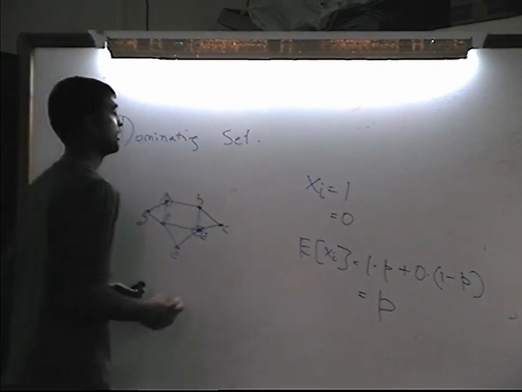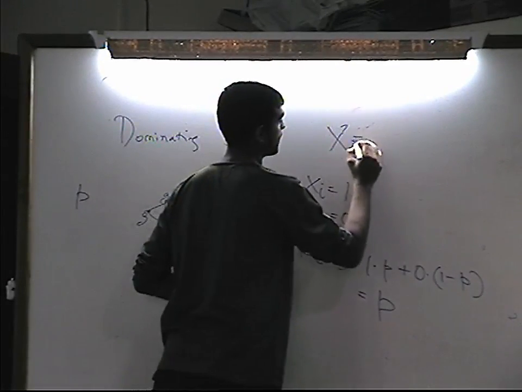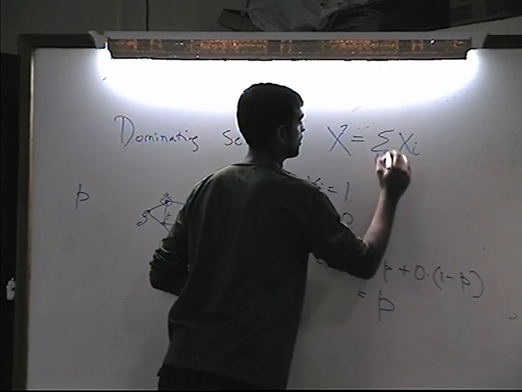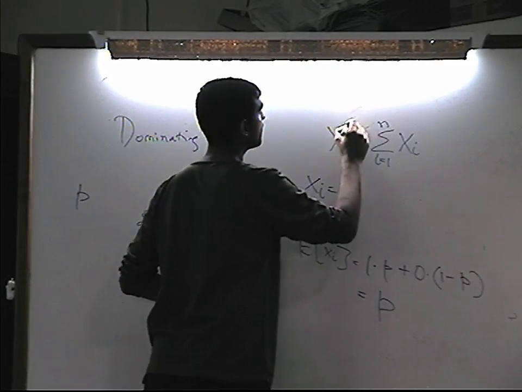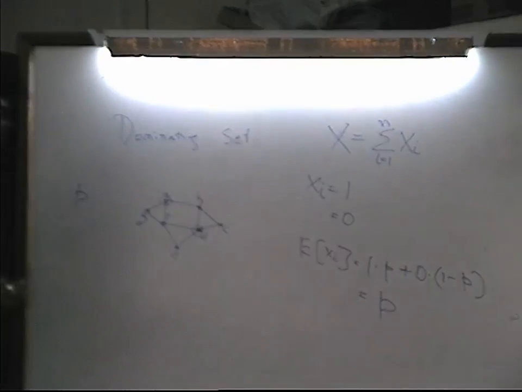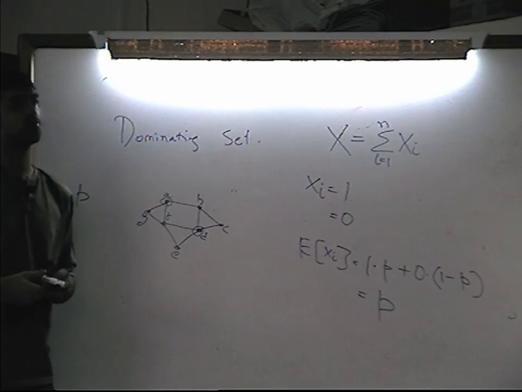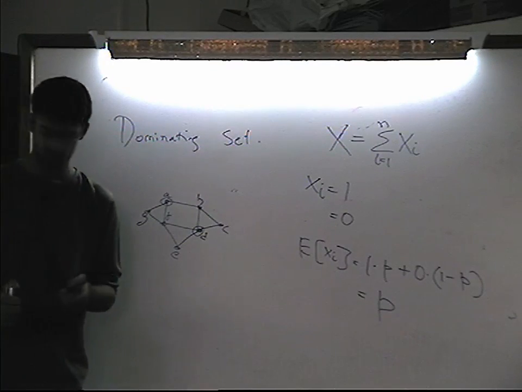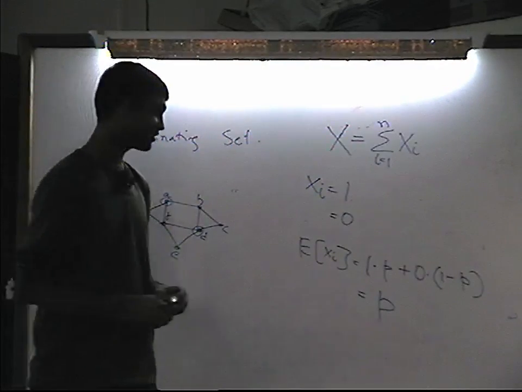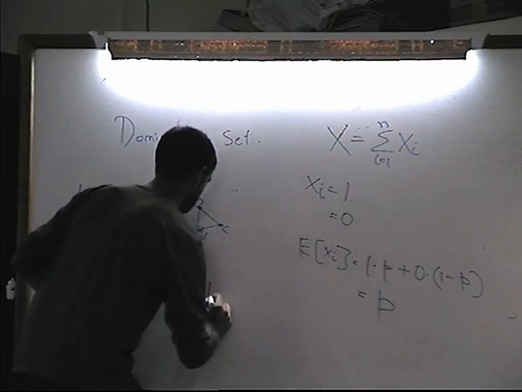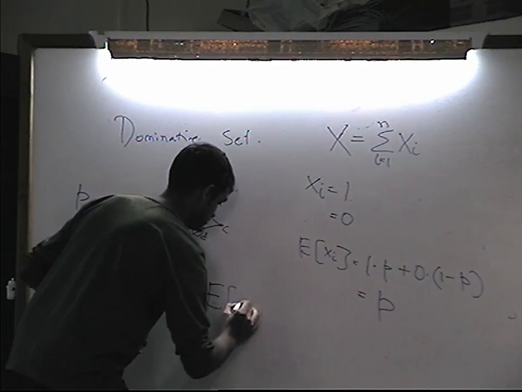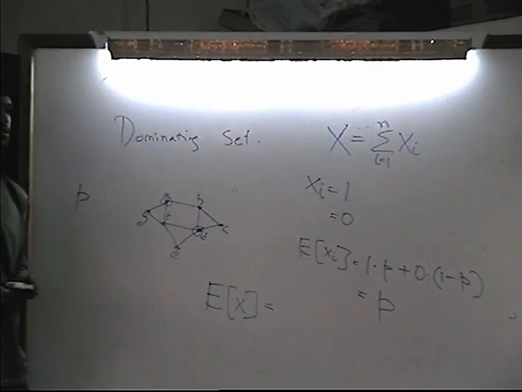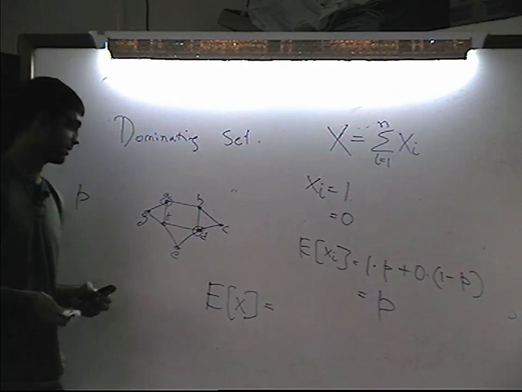So we'll define another random variable, capital X, where this random variable indicates the number of vertices which I have added to my chosen random subset. So what is the expectation of X now? We can use the linearity of expectation to find this.